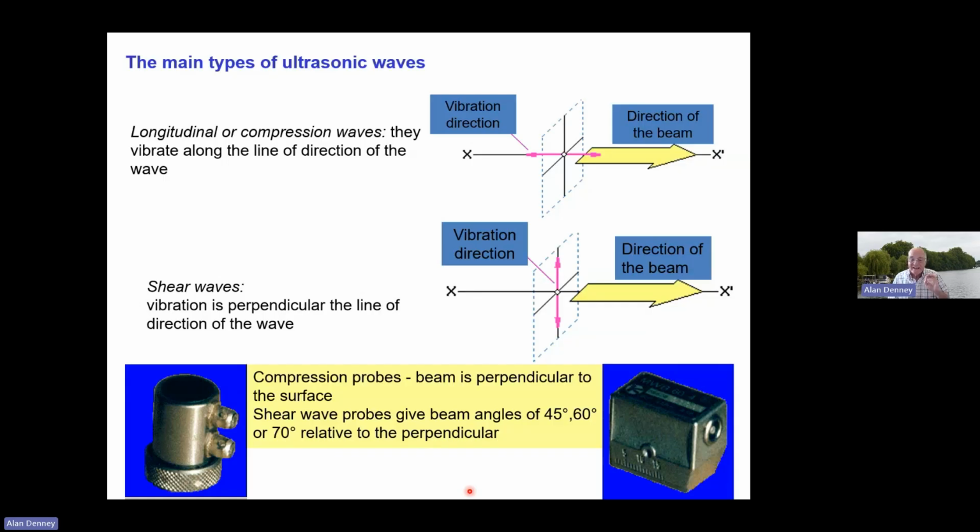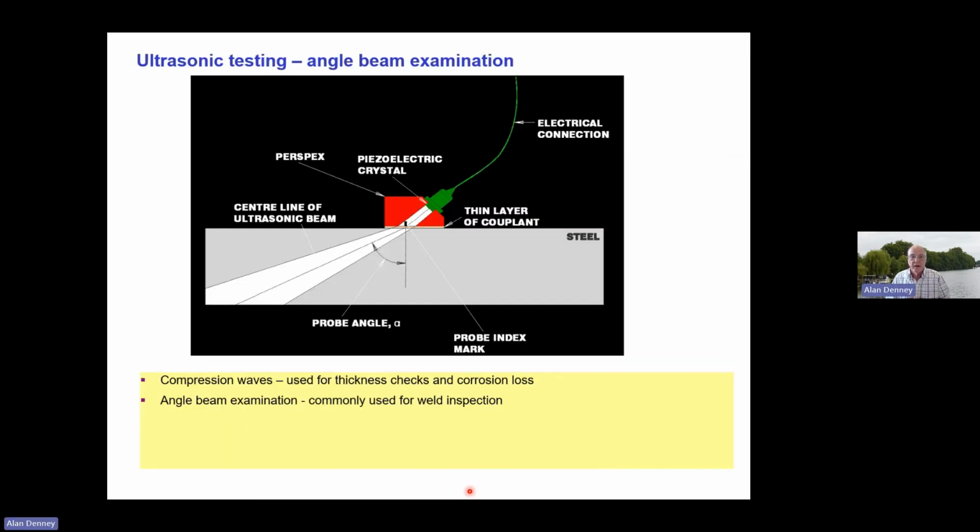And the shear wave probes in traditional manual UT come in 45, 60 degree or 70 degree fixed angle probes. And those are the ones which are widely used in weld inspection because you want to come in from the side, as you saw in that first picture, and you've got your beam and you're moving it around to look at the weld.